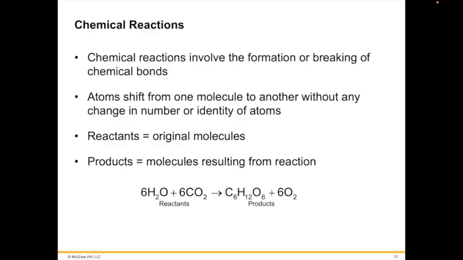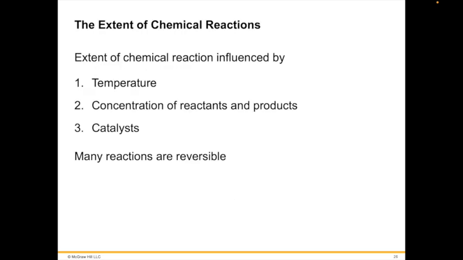In most living systems, proteins called enzymes catalyze almost every chemical reaction. Many reactions in nature are reversible. This means that the products themselves may be reactants, allowing the reaction to proceed in reverse.